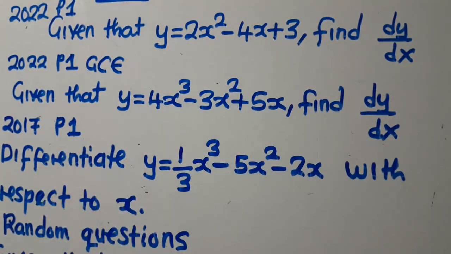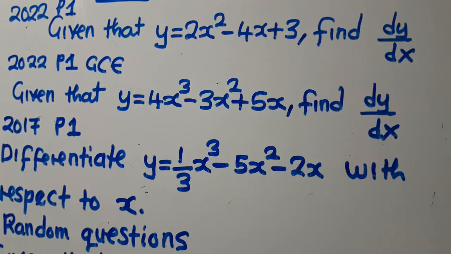Each and every question that I'm going to revise with you here comes from past papers. I hope you've seen these questions the way they were phrased, but the main thing is to understand that we are told to differentiate.